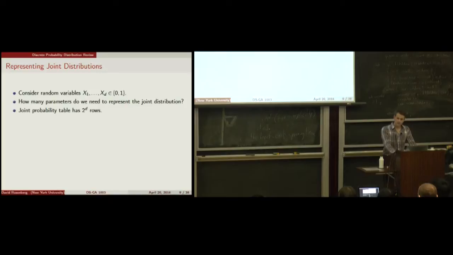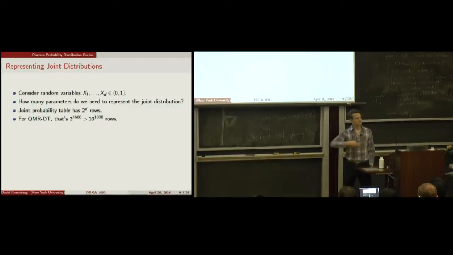That, in many cases, is just too many. So for instance, in the diagnosis case, if you combine the symptoms and the diseases, there are 4,600 random variables. They were binary, so that's like 10 to the 1,000 rows or something, which is too many, right?